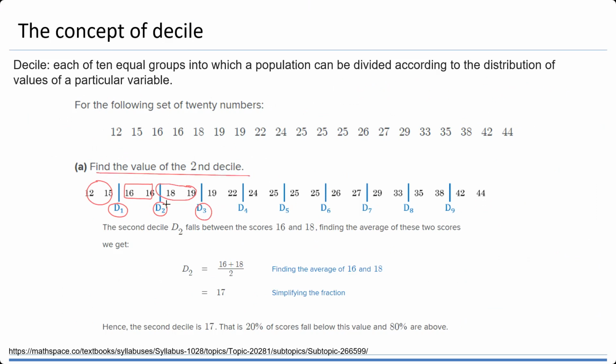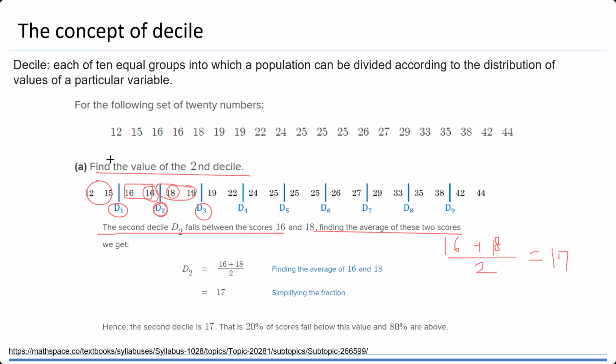Then the second decile is here, D2. The second decile falls between the scores 16 and 18. Then finding the average of these two scores, 16 plus 18 divided by 2, so it is 17.